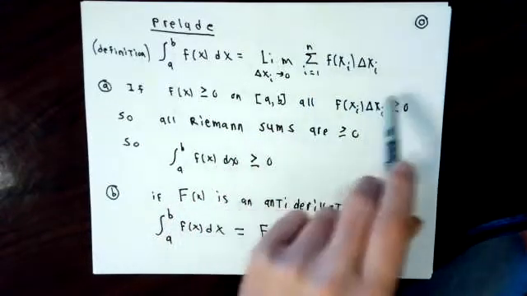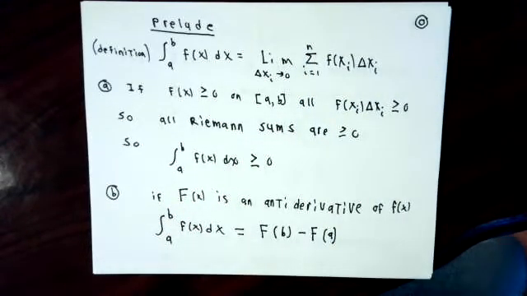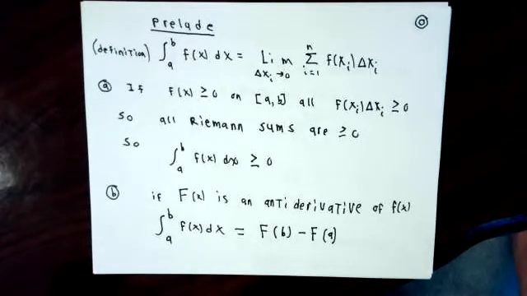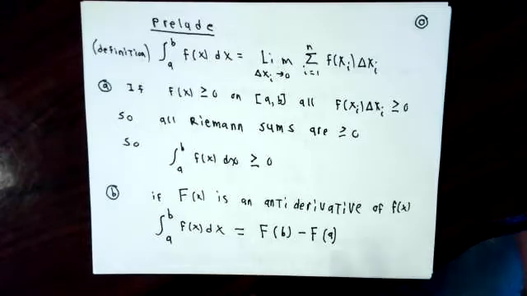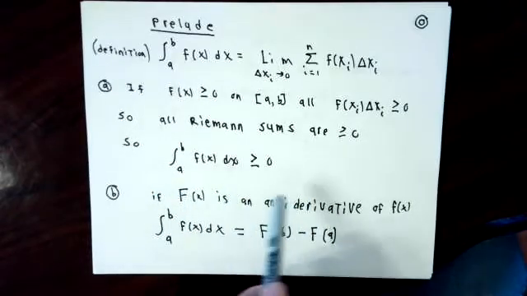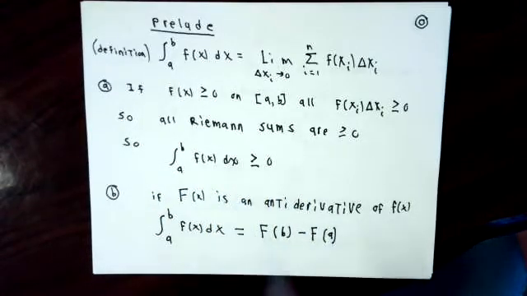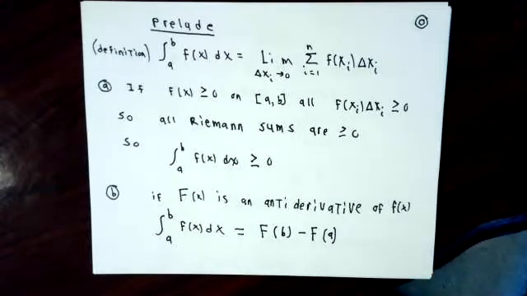So when I add up a bunch of things that are 0 or bigger, I get something that is 0 or bigger. When I take the limit of such a thing, I can't get a negative answer. So if my function is bigger than or equal to 0 on the interval that I'm integrating on, it is impossible for the integral to come up negative. So file that fact away in your head.